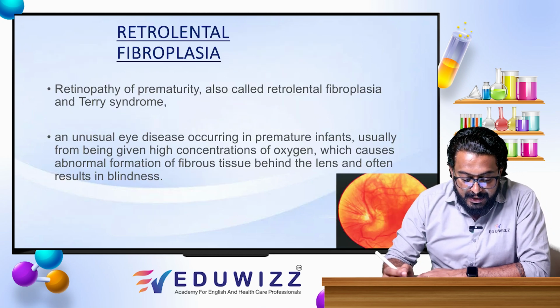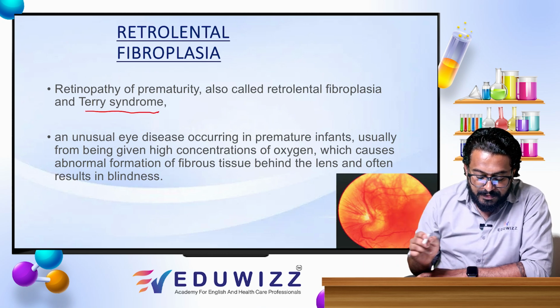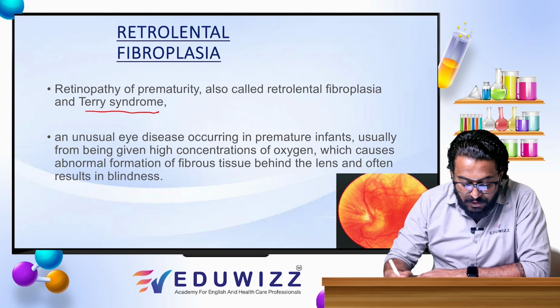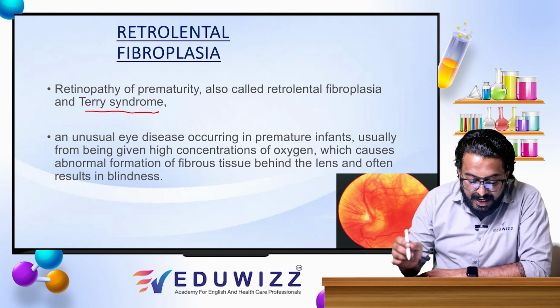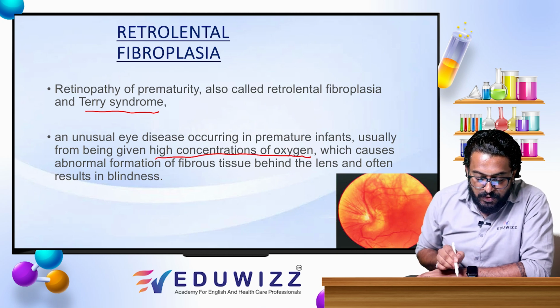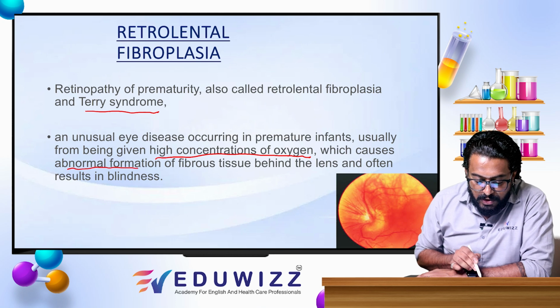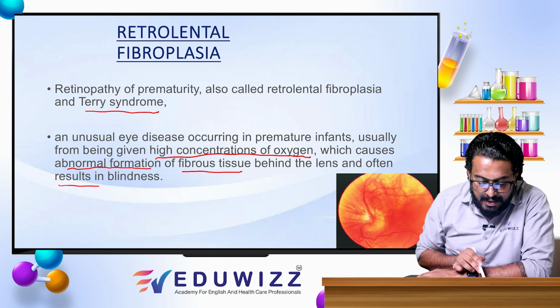Retinopathy of prematurity is also called retrolental fibroplasia and Terry syndrome, an unusual eye disease occurring in premature infants, usually from being given high concentrations of oxygen, which causes abnormal formation of fibrous tissue behind the lens and often results in blindness.